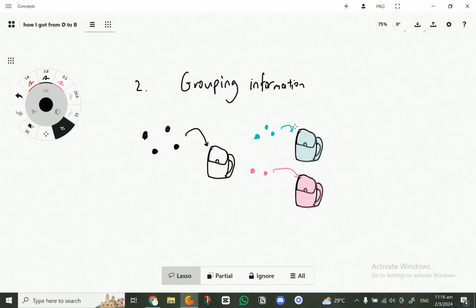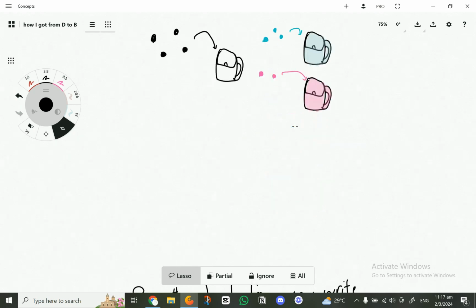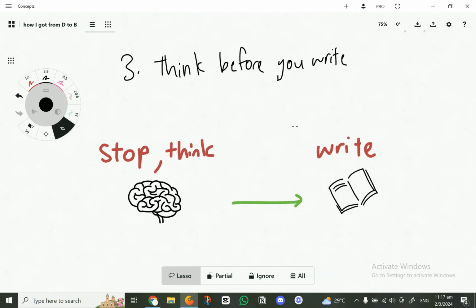But afterwards you will realize that the more information there is, the more you need to group it to make things easier for you. So do remember to group information if you can see the obvious groups, or actually spend the brain power to stop and think. Which brings me to the next point, which is think before you write.